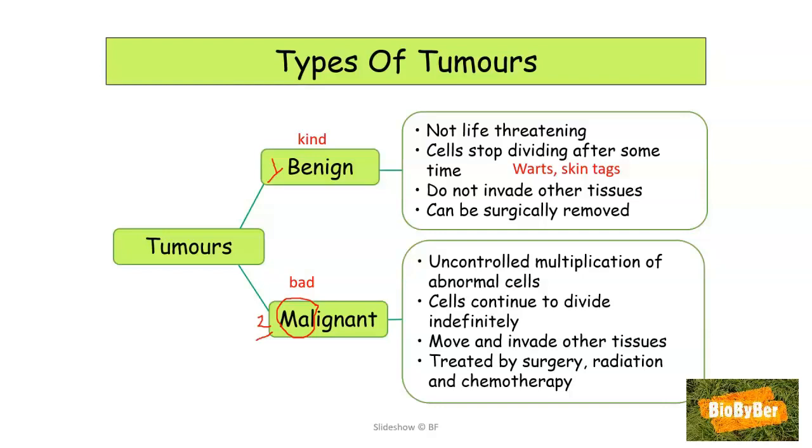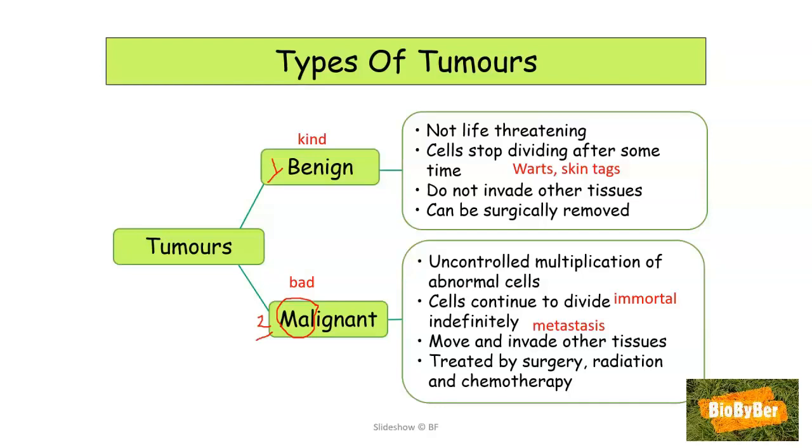They are formed due to, as I've just said, the uncontrolled multiplication of abnormal cells. Now, unfortunately, these cells divide indefinitely. Sometimes they are said to be immortal because they never stop dividing. And they can also move and invade other tissues. This is called metastasis.